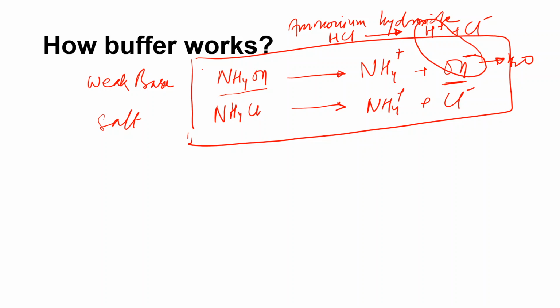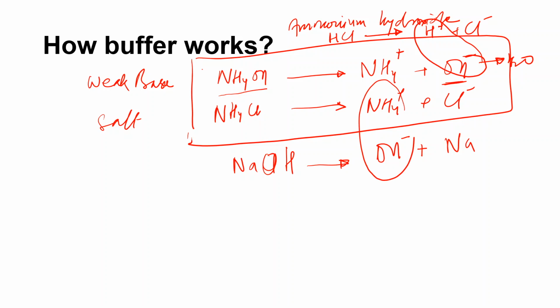Now another example where a strong base, sodium hydroxide, is added. It will be dissociated into OH minus plus sodium. Here the ammonium ion will combine with the hydroxyl ion and become ammonium hydroxide.